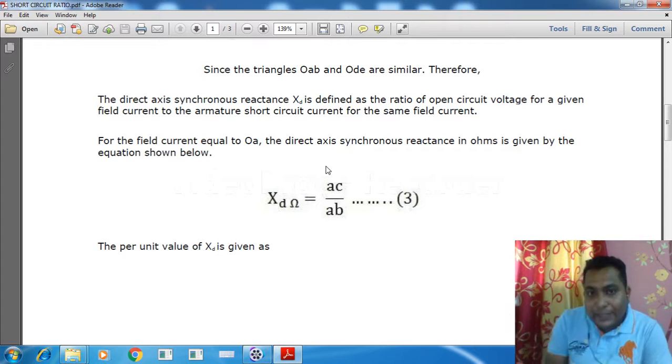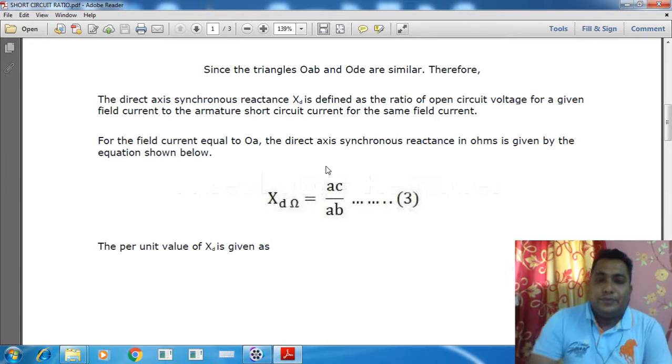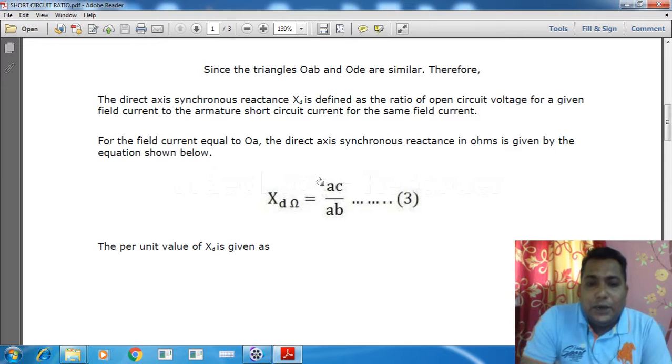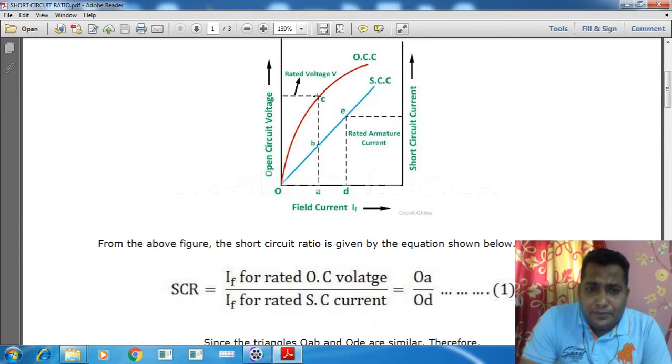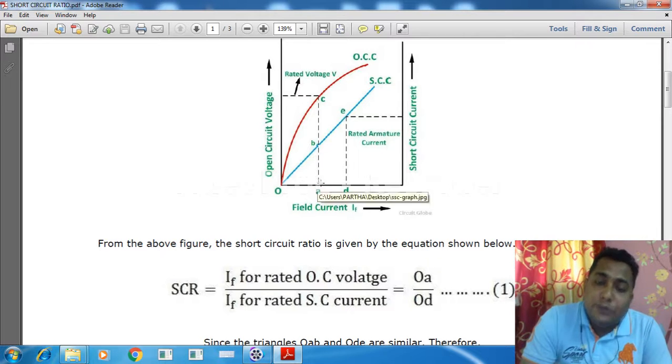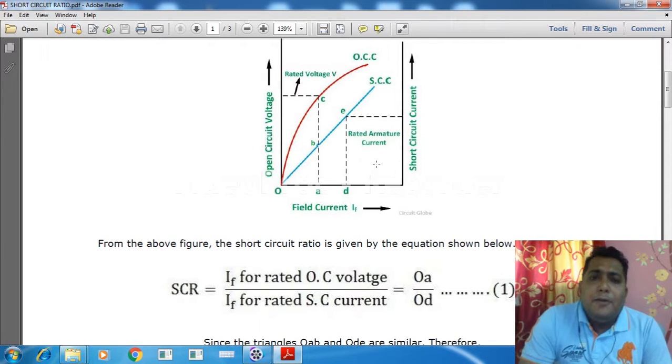What is written over here is AC by AB. AC represents this amount of voltage, follow my pointer, and AB is the corresponding armature current for this particular field current.